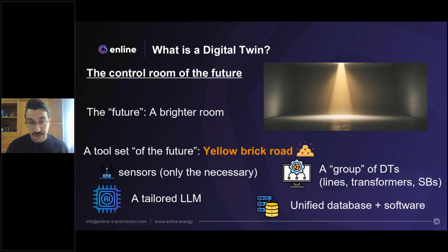And this is where we achieve what I call the dream tool set of the future, which is to have a tailored large language model that will consume this amount of data, that will have all the physics models embedded, and will assist the engineers, because now the data got so big that a human cannot even dive into it to make a decision. And that would be the yellow brick road, and that would be the dream for this control room, to have an AI sensing the system and assisting in decision making.